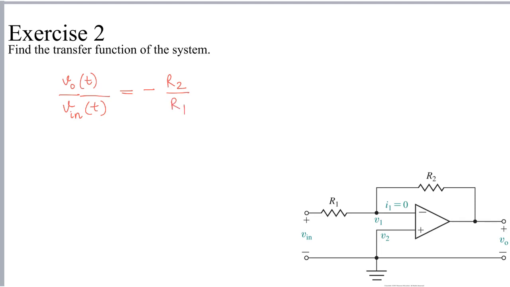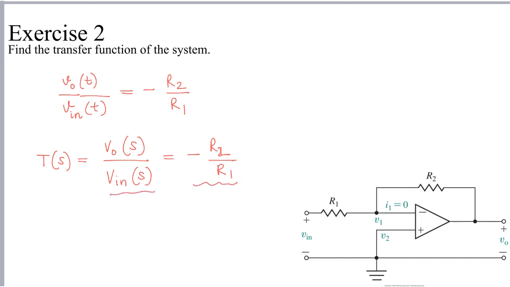If you convert this into the Laplace domain and write the transfer function V0(s) over Vin(s), it just stays the same, and you have minus R2 over R1. So the output is going to be this constant times the input.